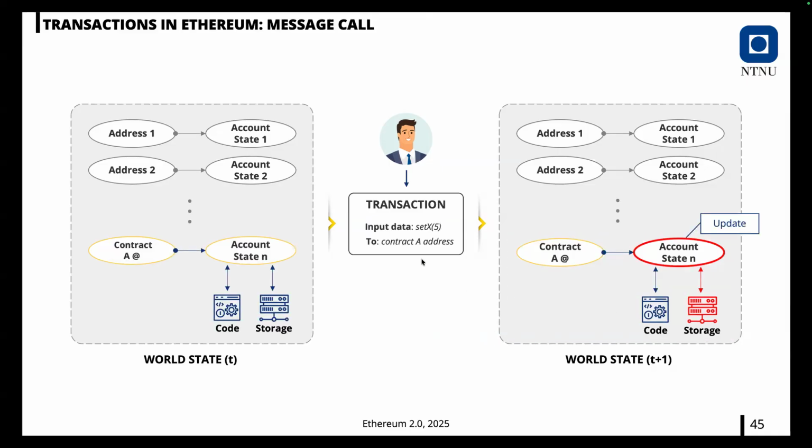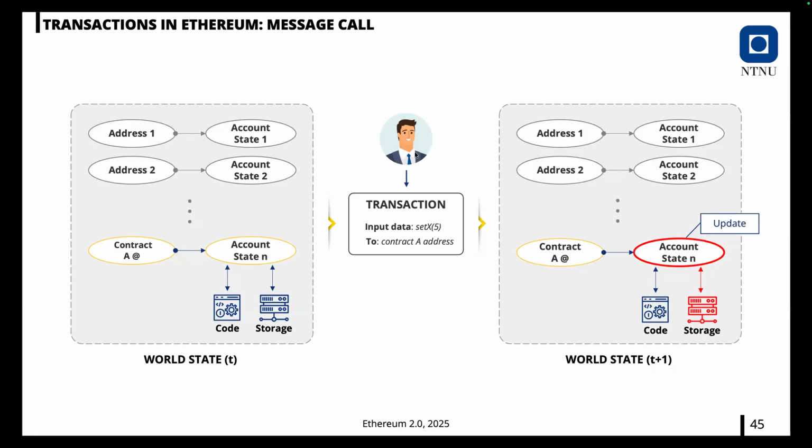So now Bob says, okay, there is a new situation. We have this contract already deployed, and Bob wants to call this method. He wants to set X to 5 in the contract, right? So now Bob creates the transaction, which says set X to 5, and the recipient is the contract address. So this transaction's recipient is the contract.